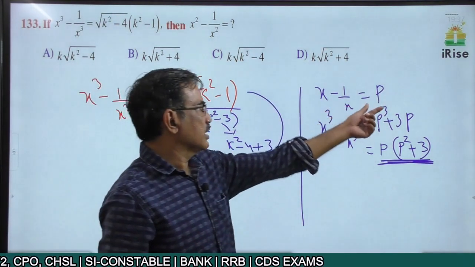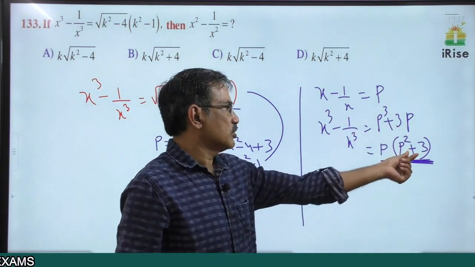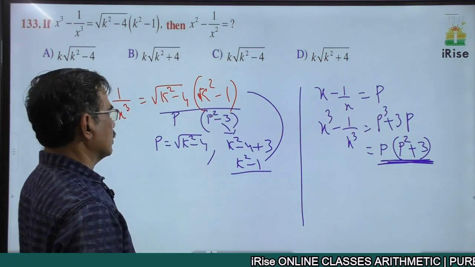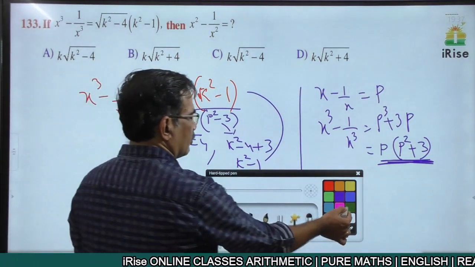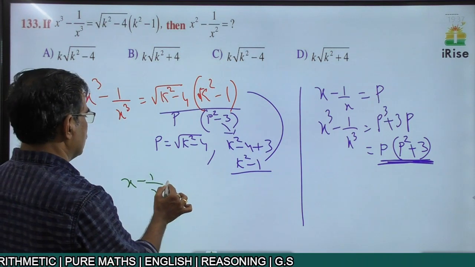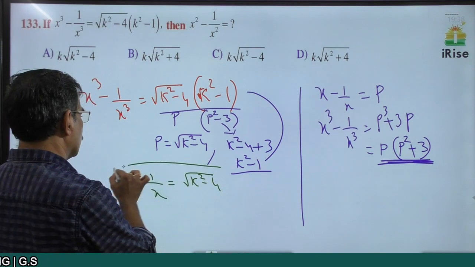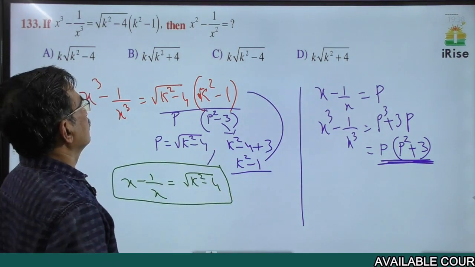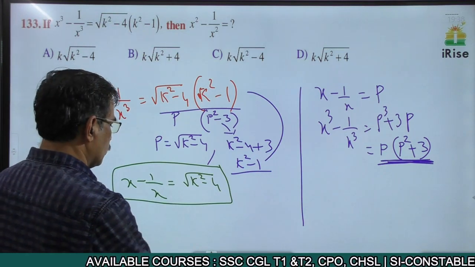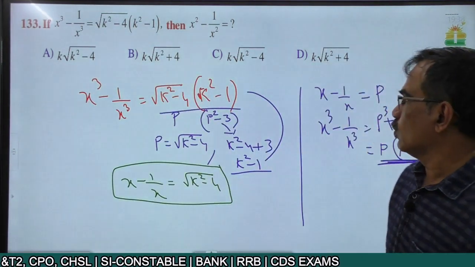If x minus 1 by x is p, x cube minus 1 by x cube is p cube plus 3p, that is p into p square plus 3. If p is this, p square plus 3 is nothing but k square minus 1. So from this we can say that x minus 1 by x is equal to root of k square minus 4. If x minus 1 by x is given, then what is x plus 1 by x?